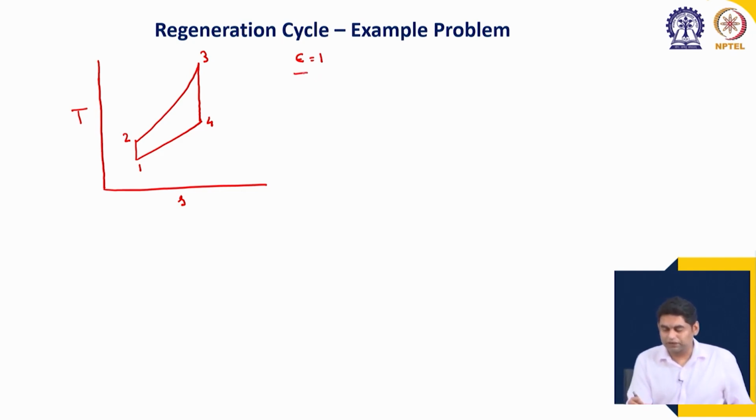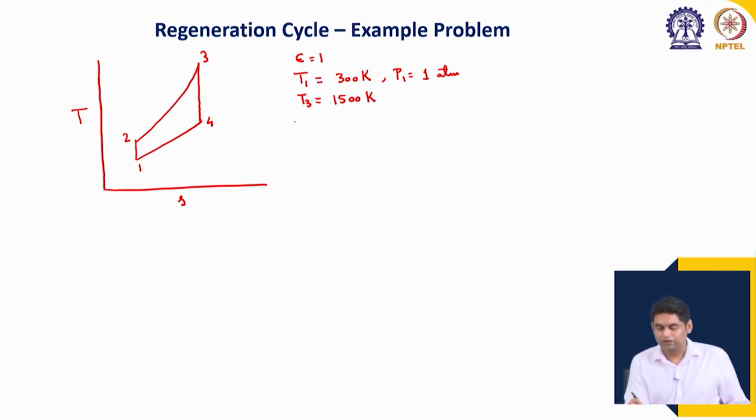Apart from this, the inlet temperature is 300 Kelvin, inlet pressure is 1 atmospheric pressure, maximum temperature T3 is again taken as the same 1500 Kelvin, and pressure ratio R is equal to 10. We will use air as the ideal gas, which is the standard practice.